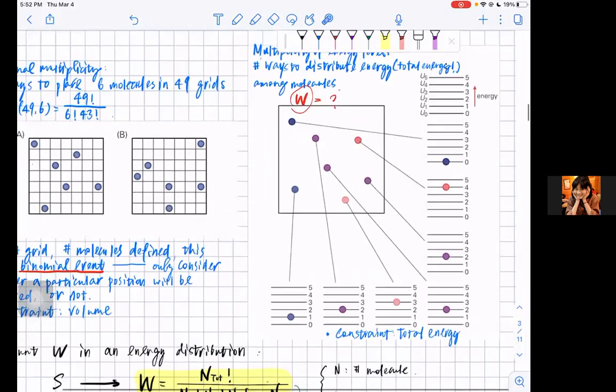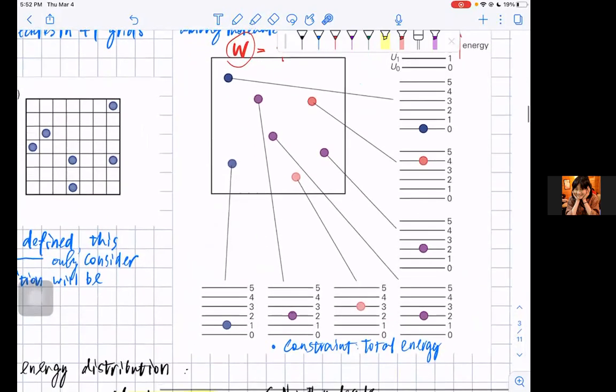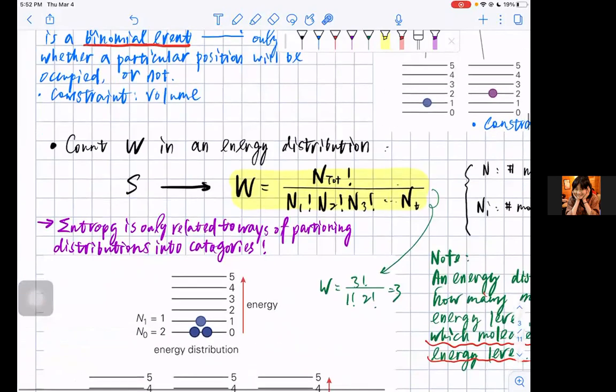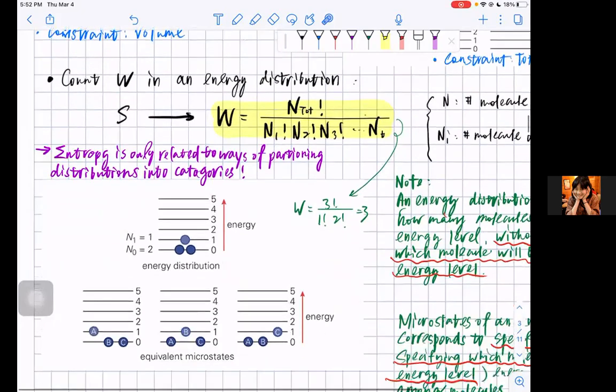I want to bring your attention to this energy distribution graph, which shows you the number of molecules on each energy level, and that's what our equation is about. You can see based on the equation, we can have a multiplicity of 3 factorial over 1 factorial and 2 factorial, which gives us 3.